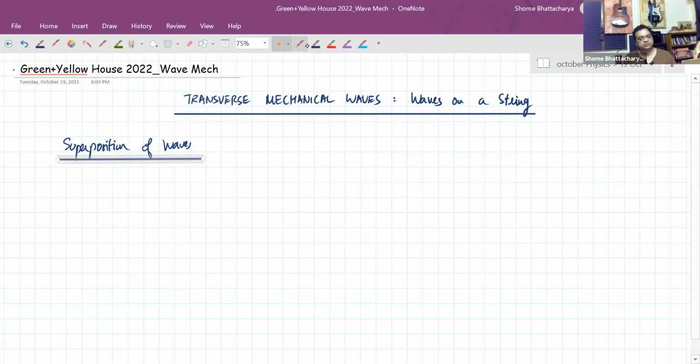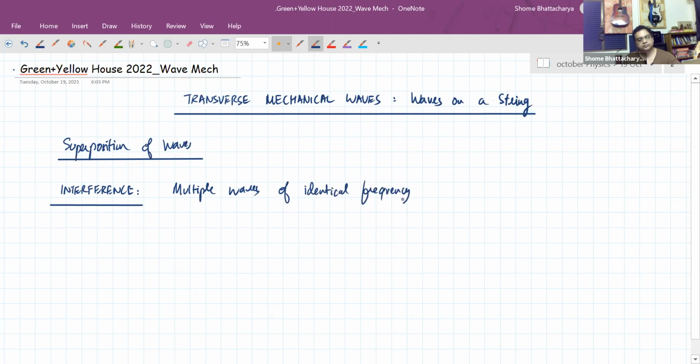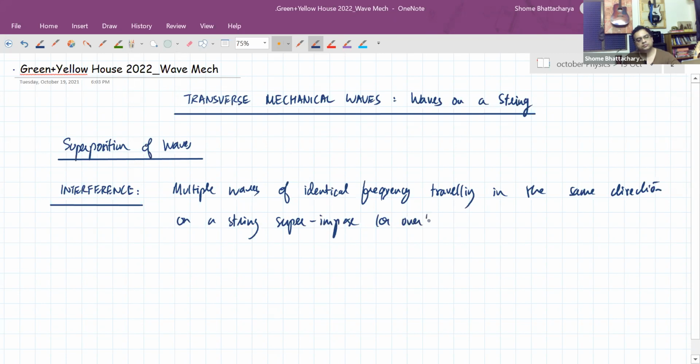The first case of superposition we had seen was interference. We saw that waves propagating in the same direction and of the same frequency, or we can say multiple waves of identical frequency traveling in the same direction on a string, superimpose or overlap to create the phenomenon of interference.